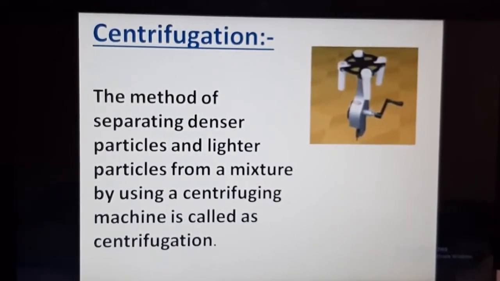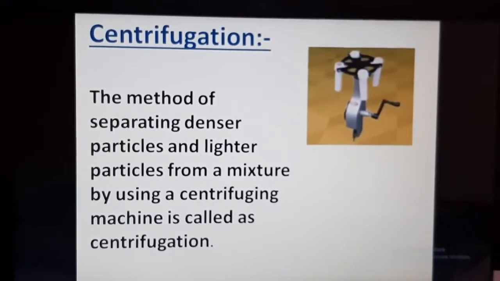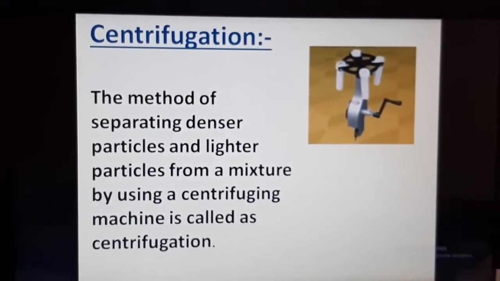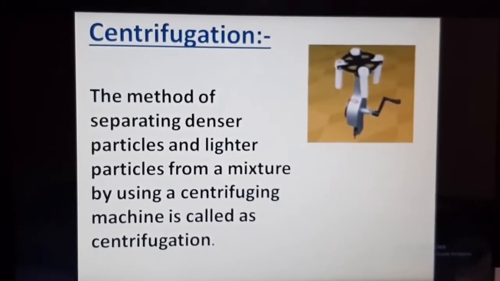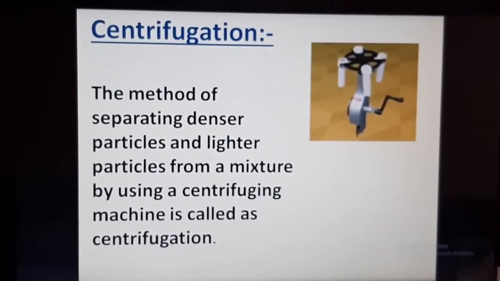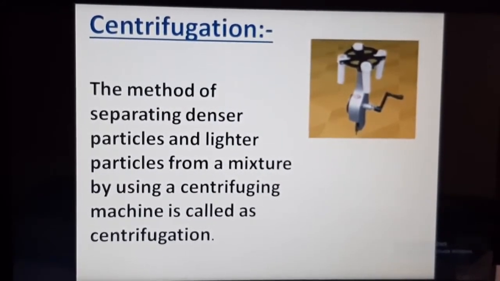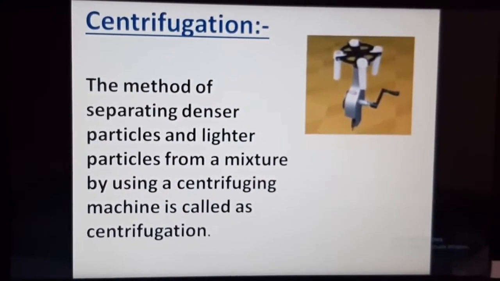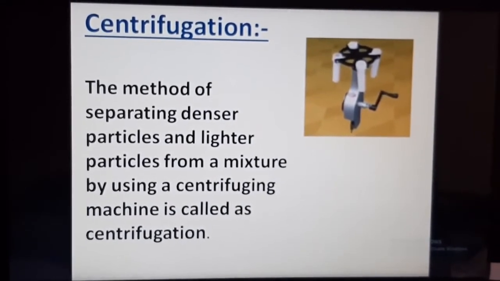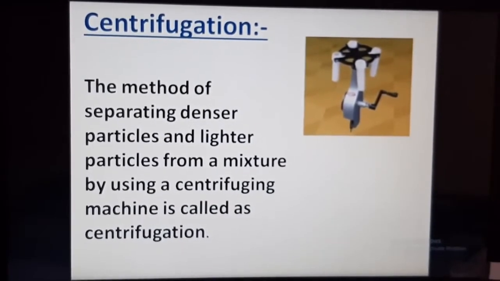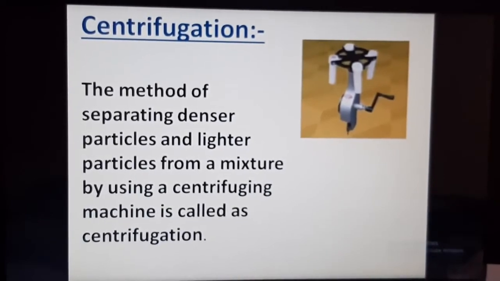Now the next topic is centrifugation. So what do you mean by centrifugation and what is the principle behind it? The method of separating denser particles and lighter particles from a mixture by using a centrifuging machine is called the centrifugation process.